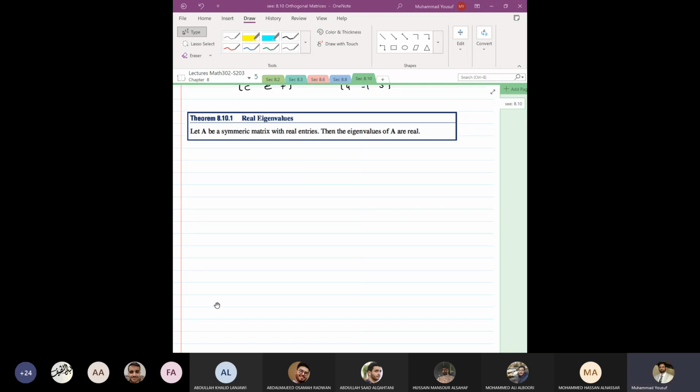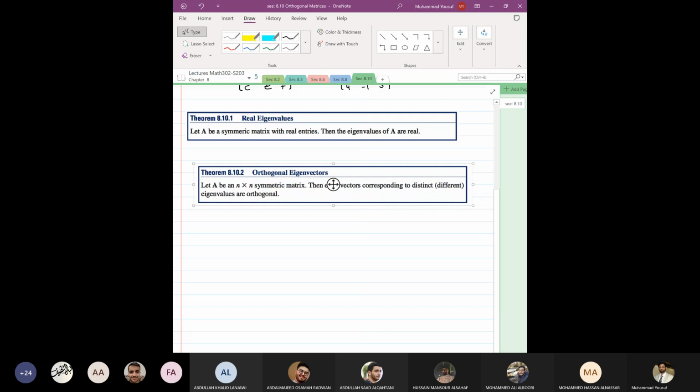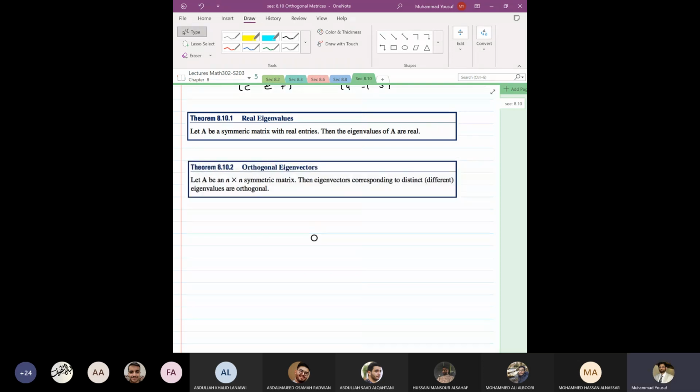Now the next result is: let A be a symmetric matrix, then the eigenvectors corresponding to distinct eigenvalues are orthogonal.